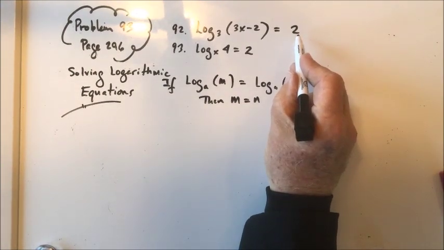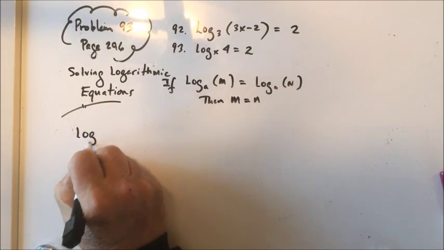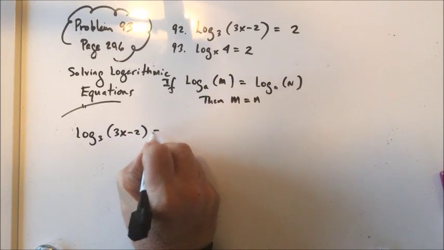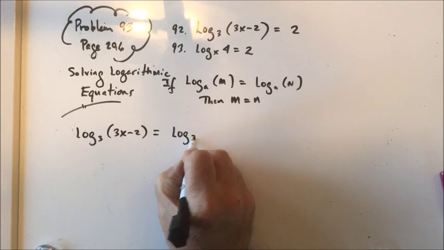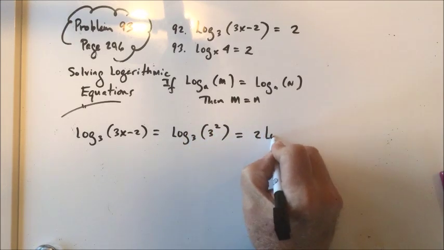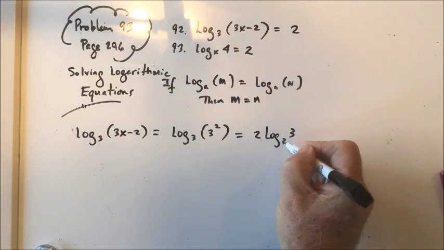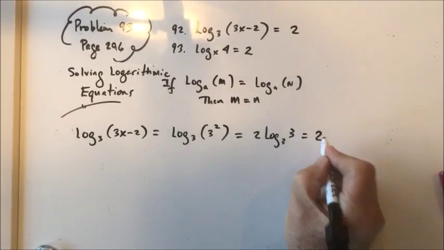You can make use of that in problem 93 if you'd like to, because it's certainly possible to write 2 as a log base 3. Let me do that over here. Log base 3 of 3x minus 2 is equal to 2. But let me write 2 as log base 3 of 3 squared, because after all, that's 2 times log base 3 of 3, and the number that you put on 3 as an exponent to get 3 is 1. So this is 2.